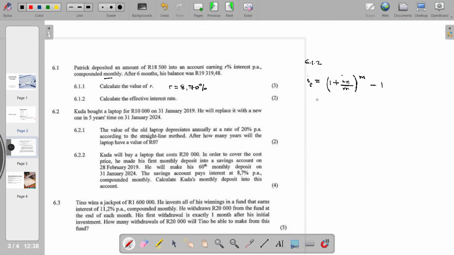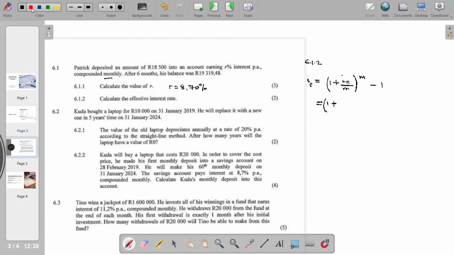So simplifying that, the effective rate, nominal rate, we found it to be 8.7%. So it's going to be 1 plus that rate, which is 8.7. We have to take note there.